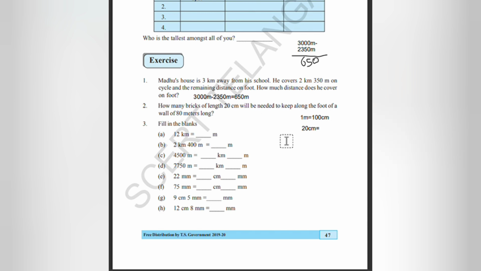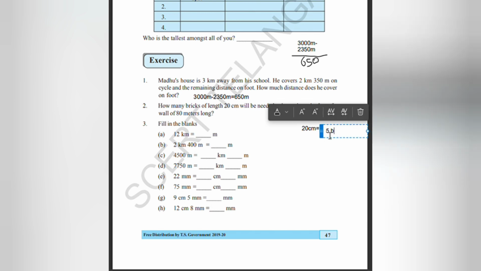For 1 meter, 100 centimeter, and 20 centimeter means how many bricks will be needed? 5 bricks will be needed for 1 meter. Okay, 5 bricks is needed for how much?